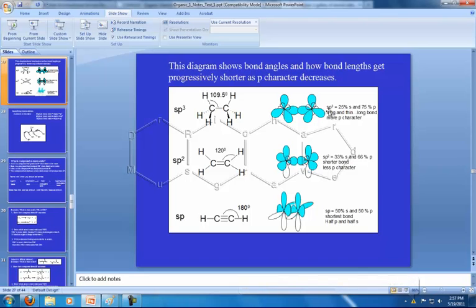In the case of sp3, these are going to be 25% s and 75% p in each case, so they're going to be more like p than they are like s. What that means is that we're going to have longer and thinner orbitals for the sp3, shorter and fatter orbitals on the sp2, and then very short and fat on the sp.